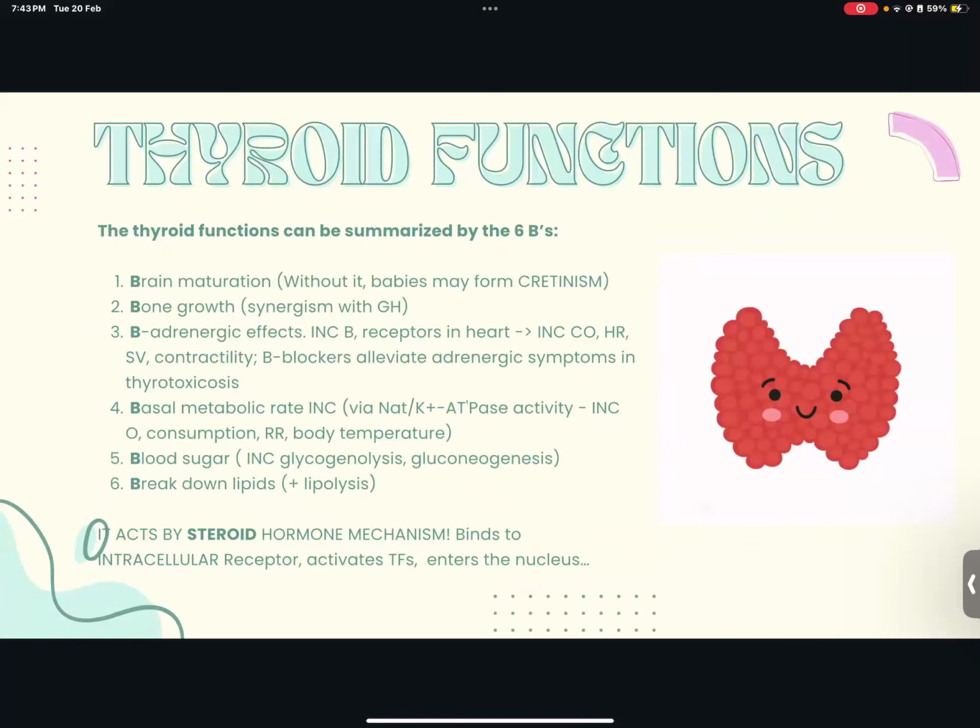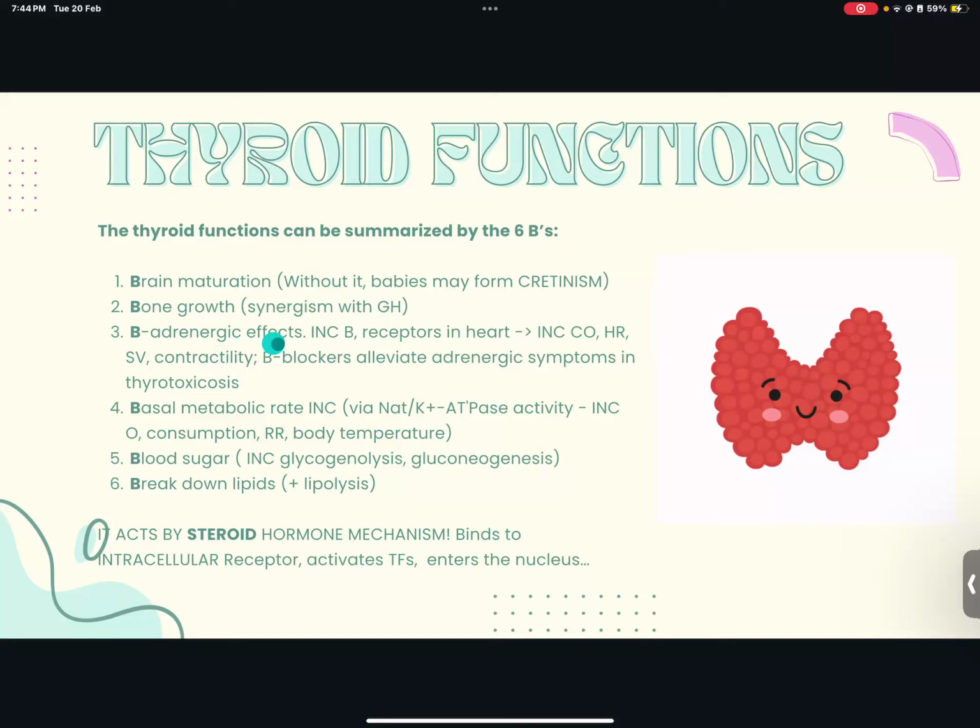Now let's talk about the functions of the thyroid. I've summarized it by something called the 6 Bs. The functions of the thyroid hormones are brain maturation. Without it, babies might have a condition called cretinism, and we're going to talk about that later. It's also important for bone growth, and it synergizes with growth hormone, so thyroid hormone and growth hormone work together to allow bone growth.